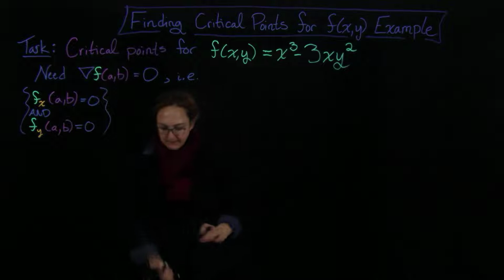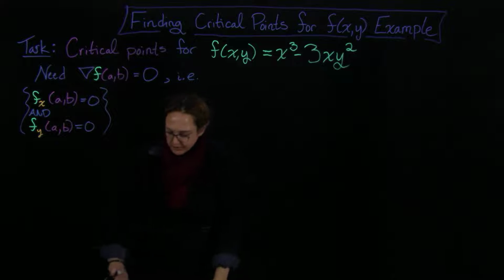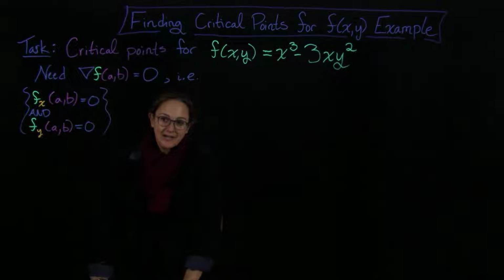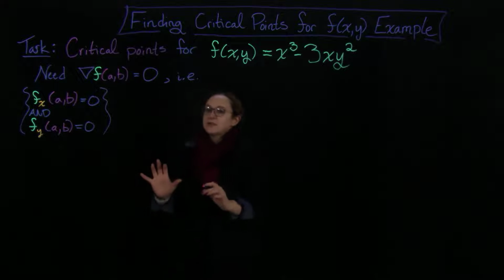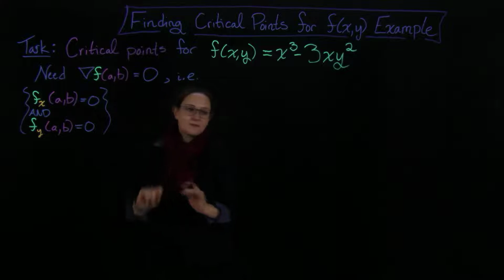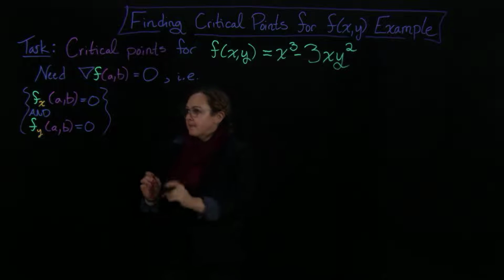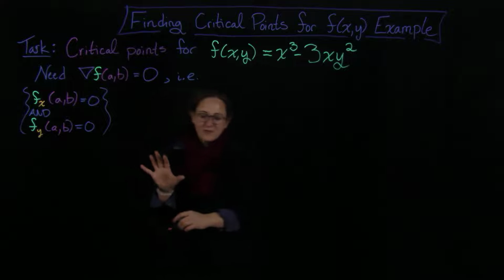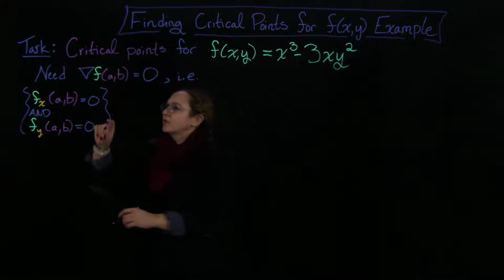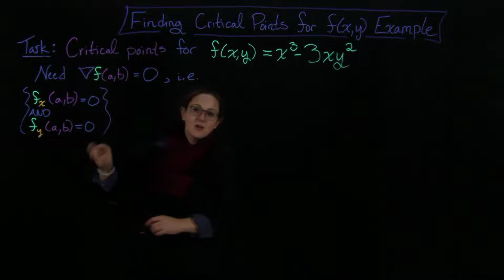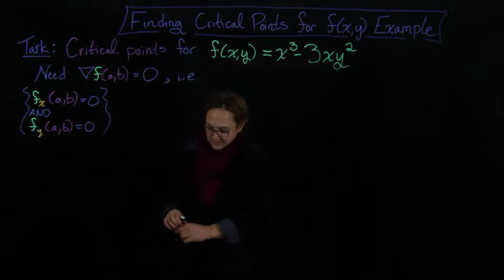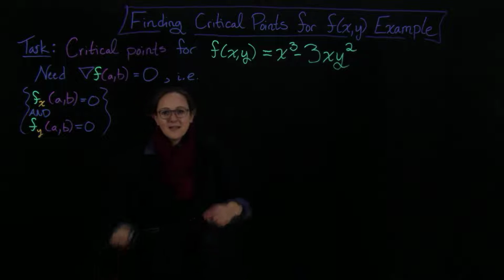Now, let's take these two partial derivatives, and you're actually going to have to combine information from both of them. So let's start with the first one. In order to find our critical points, we have to look for where each of these is 0. So let's start where this one is 0.